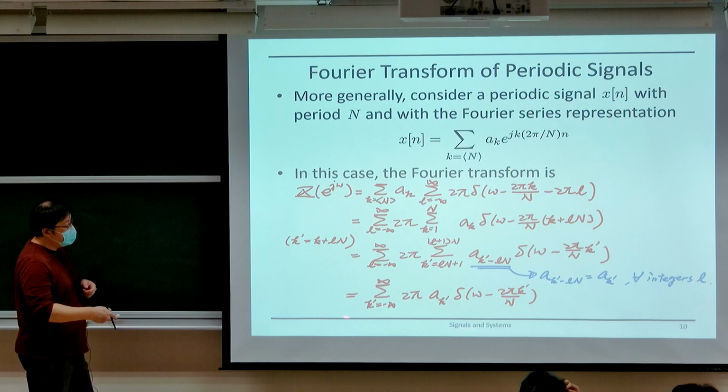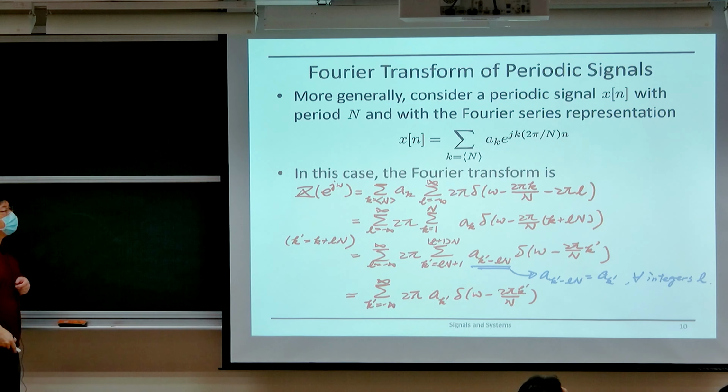So this is the Fourier transform of a periodic signal with Fourier series representation given by this.